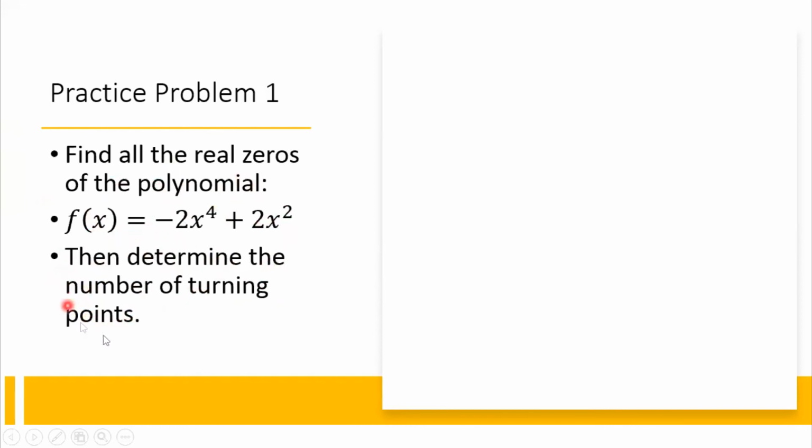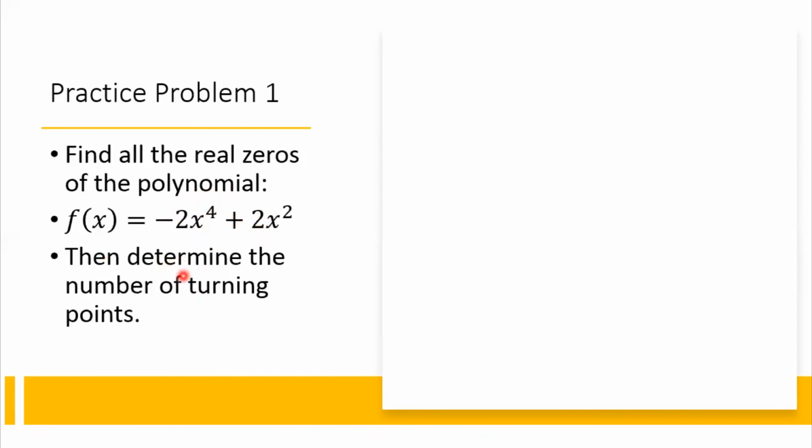So by sketching the graph, we can determine the number of turning points, especially if we are given a function whose degree is odd. It's quite difficult to determine the number of turning points, right? Unlike the polynomial function whose degree is even.